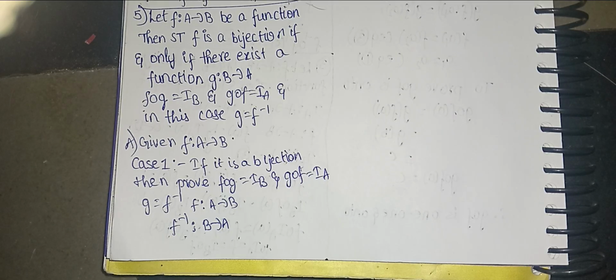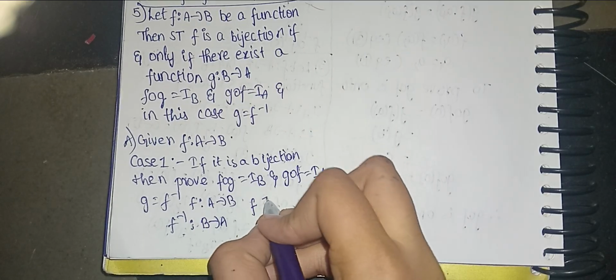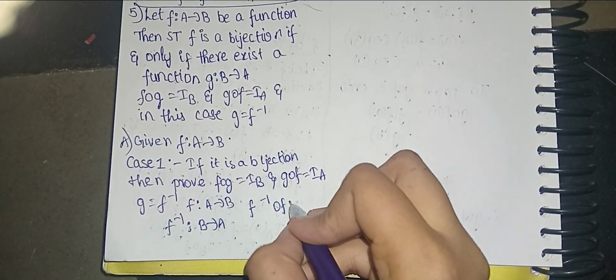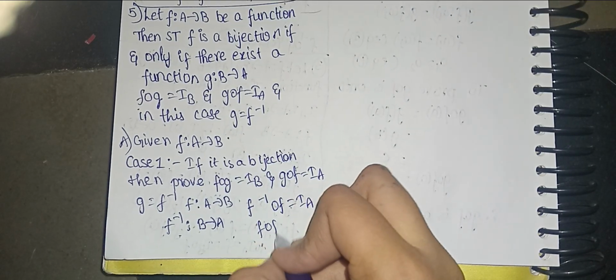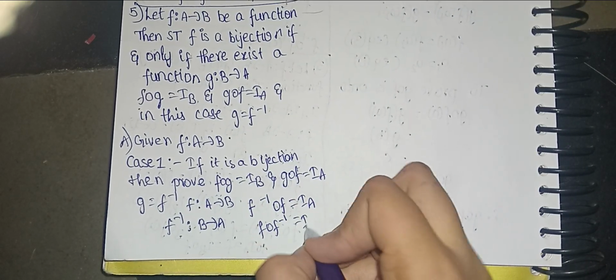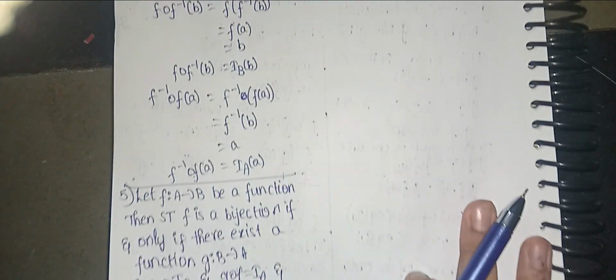If they are bijections, then we know that f inverse circle f is equal to IA and f circle f inverse is equal to IB. We have proved this in the previous theorem. See, we have proved it.